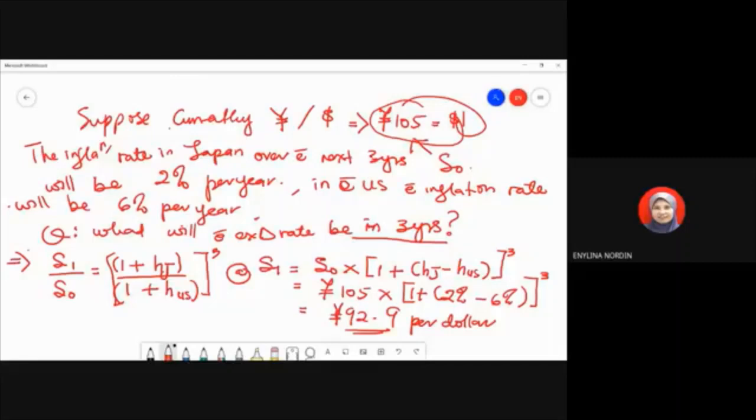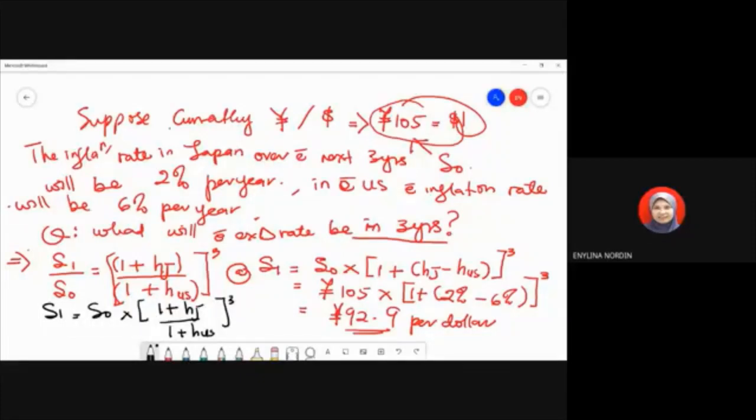Alright, or if you want to make use of the first formula just now, that is S1 equals S0 multiplied by 1 plus inflation Japan divided by 1 plus inflation US, and don't forget to the power of 3 here.